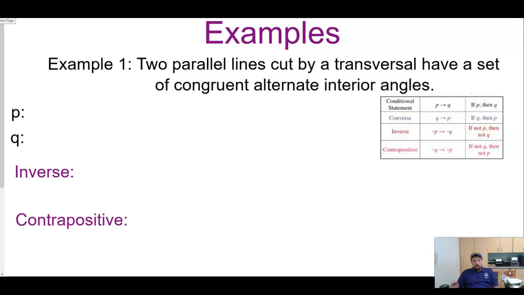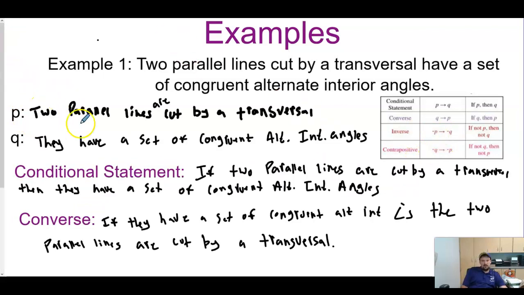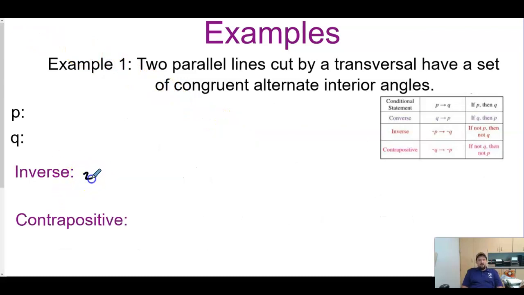Alright, so we're going to try to shorten this up a little bit. Remember, the inverse is just going to be negating the P. The P is two parallel lines are cut by a transversal. So we're going to say, if two parallel lines aren't cut by a transversal.